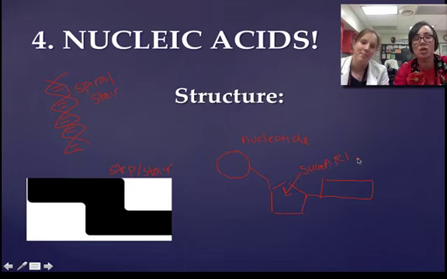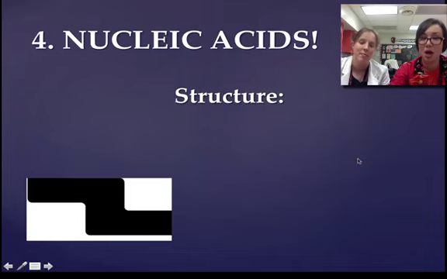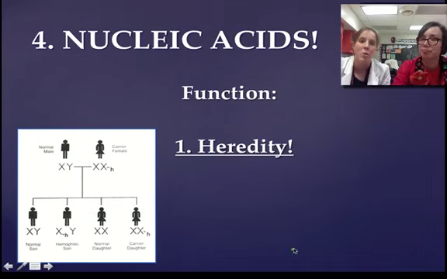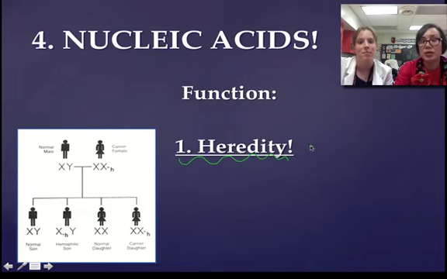All right, so now that we know what the monomers structurally look like, let's talk about what the job is. The job of nucleic acids is actually one of the characteristics of life. Their only job really is to be in charge of heredity. That's really important and explains why we don't look exactly the same.